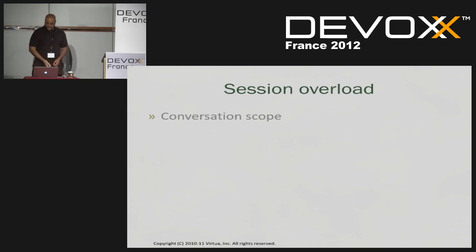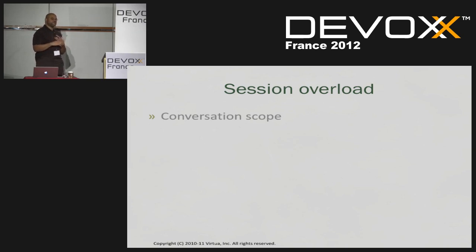So a conversation scope is basically a scope which is longer than a request and shorter than a session, and you kind of have more control over how long it lasts. Whereas view is only while the user is looking at that page, conversation scope can usually be across several pages. So often it's used for something like a shopping cart or some sort of logical flow where you want to keep that state around for a few different pages, or maybe many pages. Okay, and you can do it with JBoss Seam.